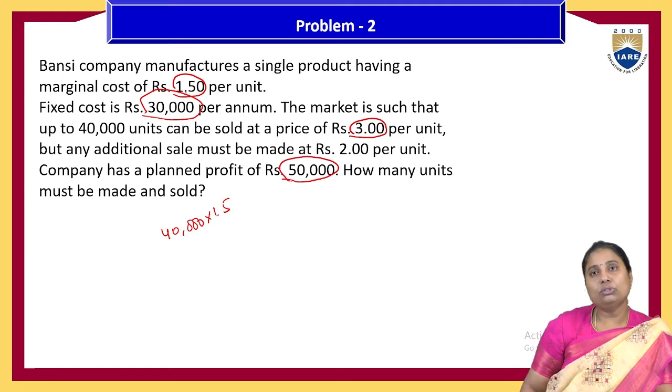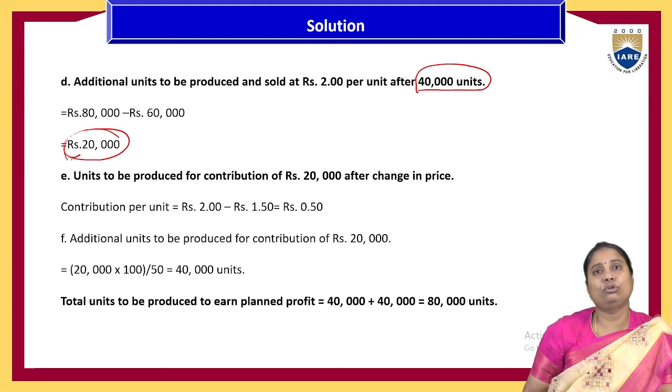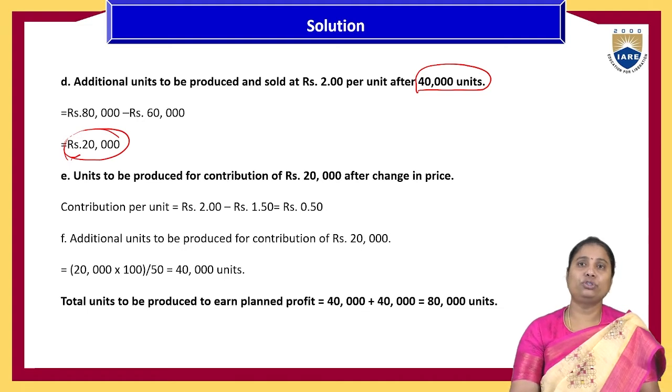So this 50,000 with the fixed cost makes 80,000 total contribution. Up to 40,000 units it is 1.5 rupees, and they need to get 20,000 rupees as the benefit from the units produced after the change in price.